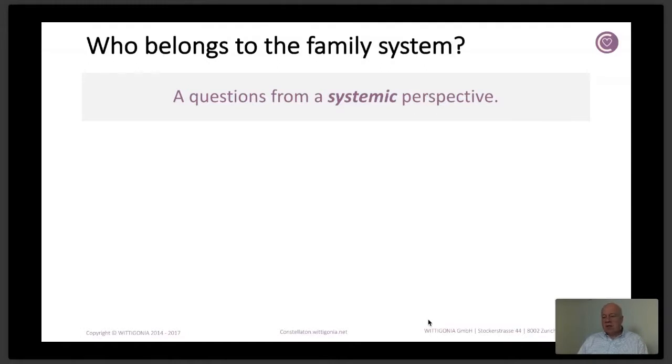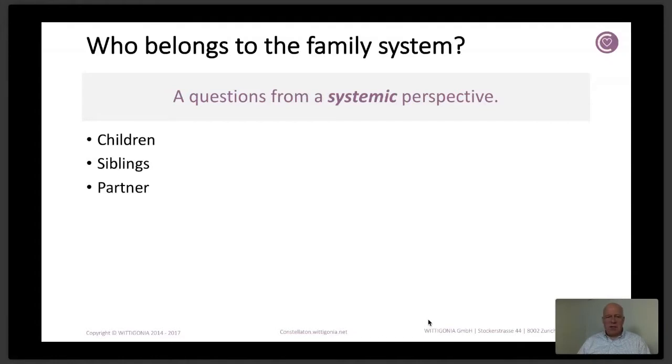Now, the next question that we need to ask is, of course, who belongs to a particular family system? And I'm asking this question not from a, let's say, formal or legal perspective, but more from a systemic perspective. And there are some differences which I want to highlight. So first, of course, our children belong to the family.